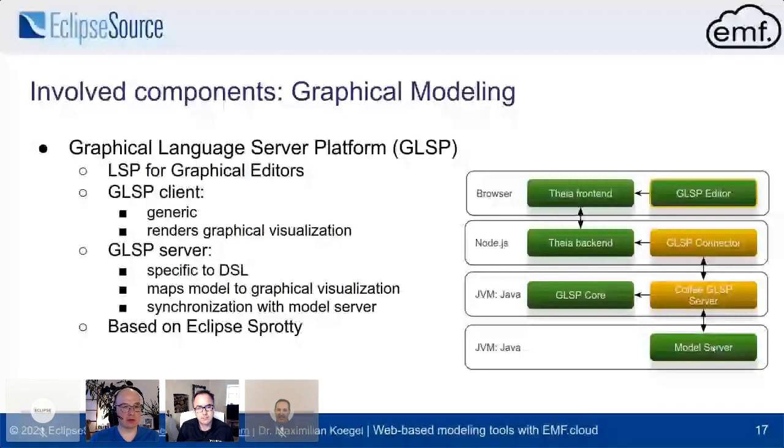So in our case, that was the available tasks of this coffee model. The GLSP server, you're probably aware what it does, and the GLSP editor. And the GLSP editor and server run in a Theia context. So the GLSP client is a Theia frontend contribution. The GLSP connector and the server at launch is the Theia backend contribution. So they run on Node.js or within the browser respectively.